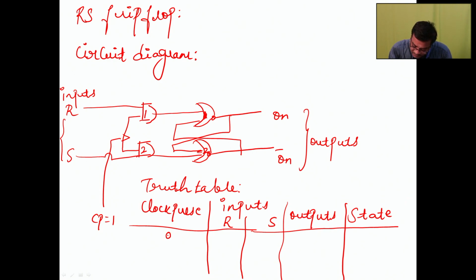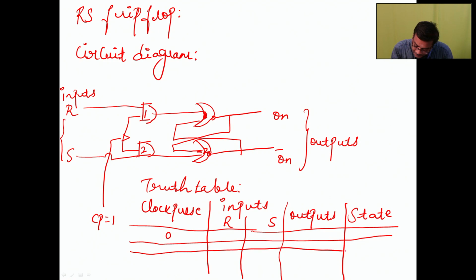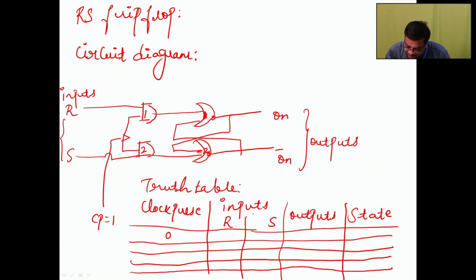When the clock pulse is 0, there is no consideration of R and S. So Qn and Qn bar state: no change. The previous output will be there.